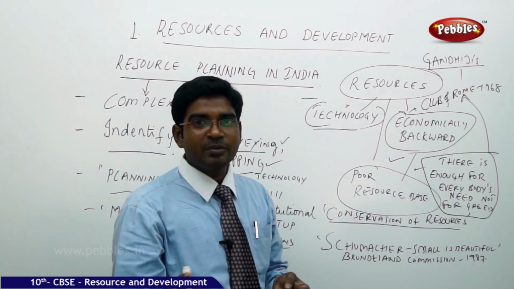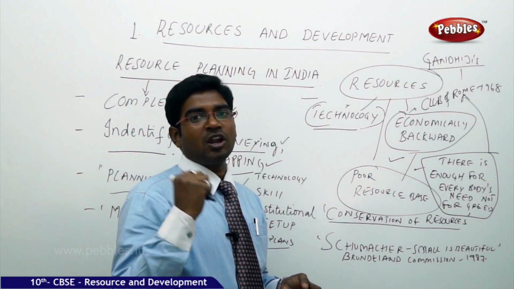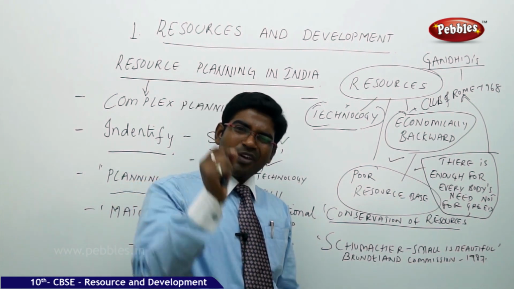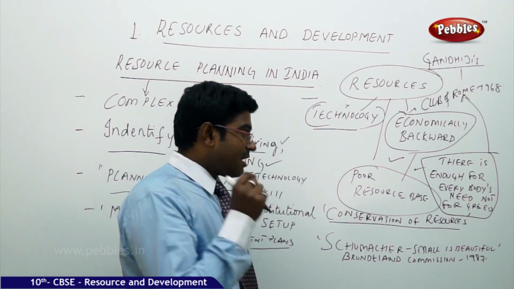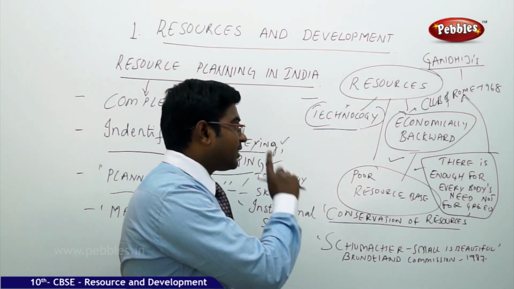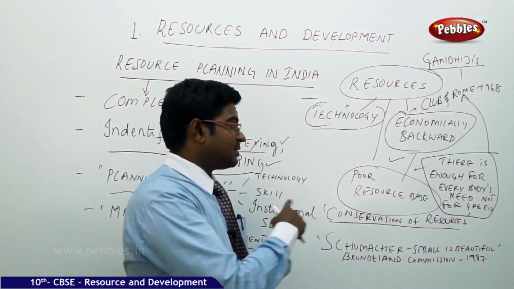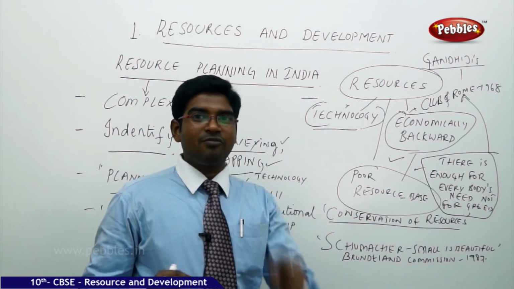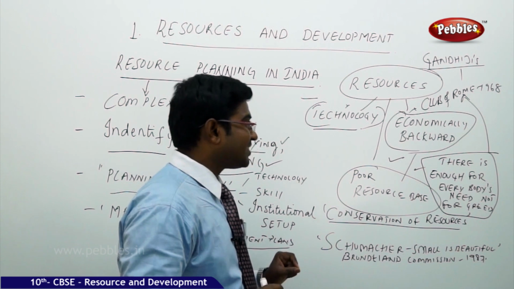Resources found but economic backwardness is there, it will not get development. When the resource base is poor, resources are very few, but you have economic development there, it results in development. If you have technological advancement there, it results in development. So technology and economic resources play a very vital role. That's what we have to understand here.